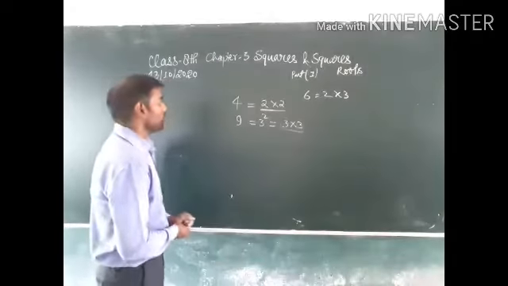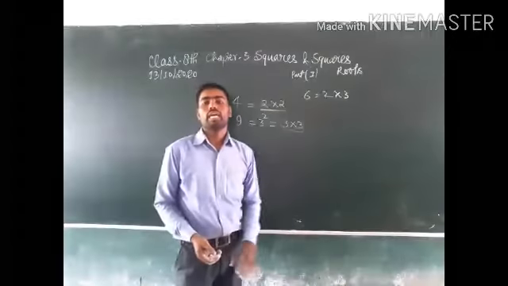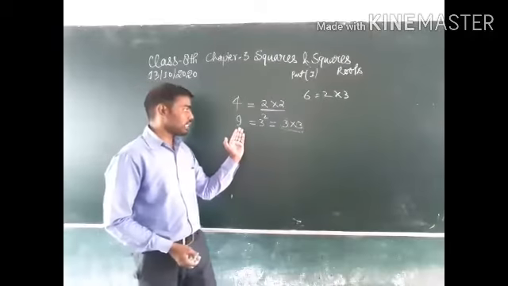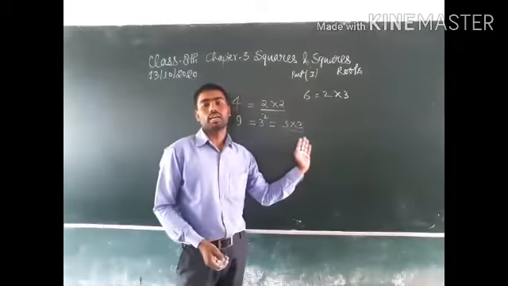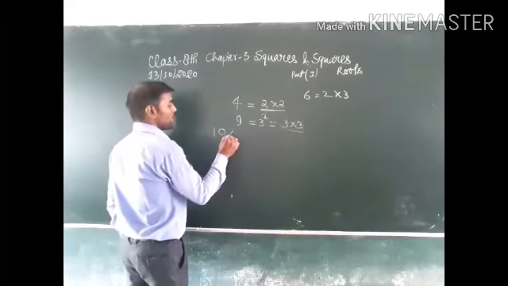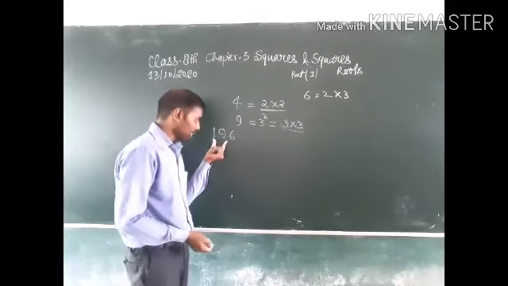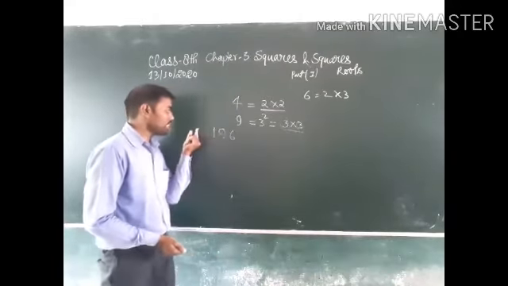So if you check whether a number is a perfect square, you can express the given number in its factor form. Check whether the number 196 is a perfect square. How can we check this?